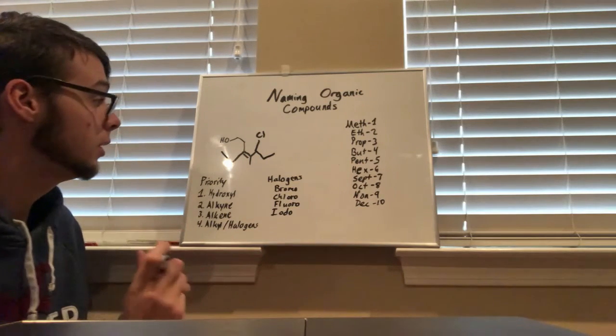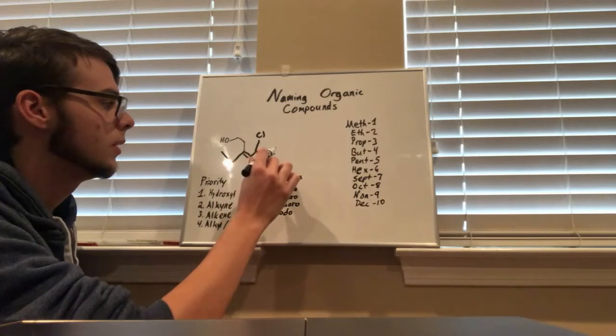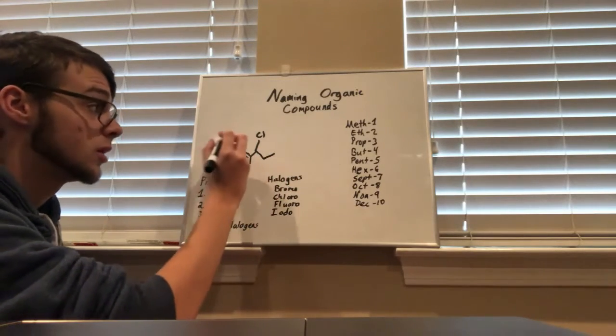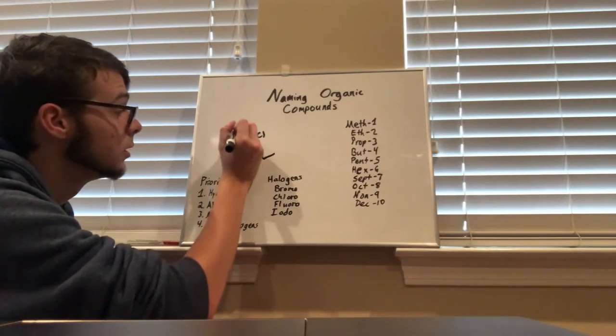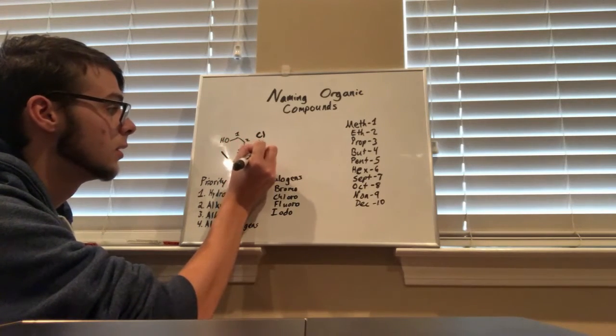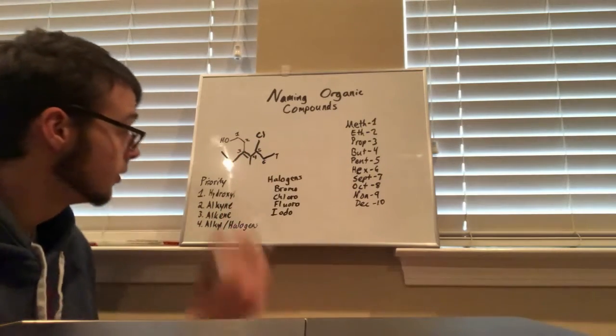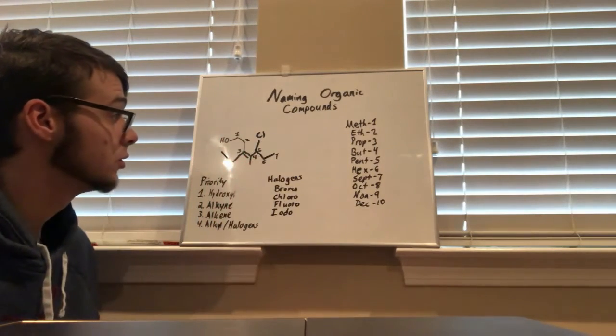Therefore, when we go to label this compound, we wouldn't start over here and work our way this way or this way. We actually start up here at this hydroxyl group. We start 1, 2, 3, 4, 5, 6, and 7. So this is actually our largest carbon chain.